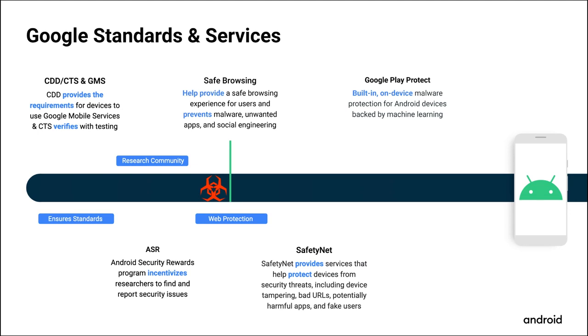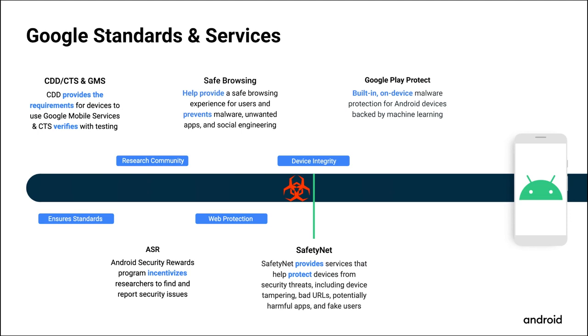And there's many controls, knobs and levers, if you will, that the EMM can implement around Safe Browsing to meet their specific risk and security protections. The other layer, or layer above that, is something called SafetyNet. And SafetyNet provides services that help protect devices from all kinds of different things that can happen, such as security threats or known security threats, to include device tampering.